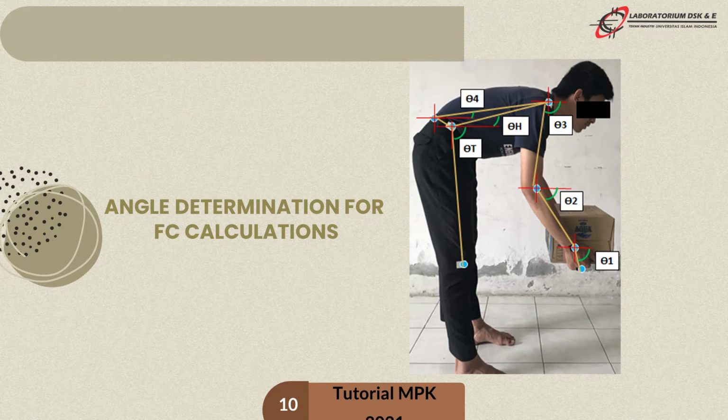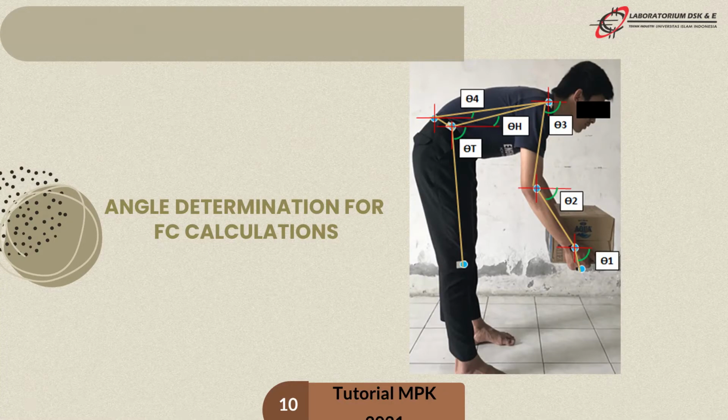The determination of these 7 points is because the angle formed in the body is affected when lifting the load, while the point on the knee is used as support to determine the angle of inclination.